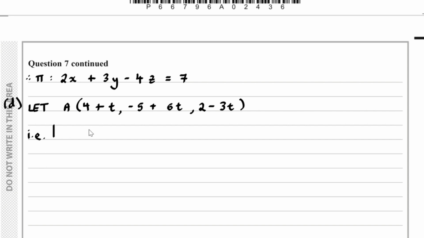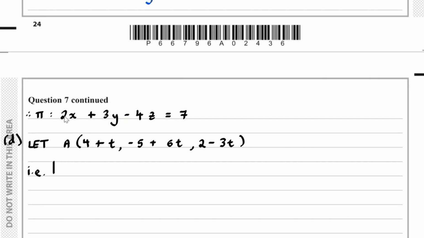we have the mod of 2, and then we've got 3, and then we've got minus 4.